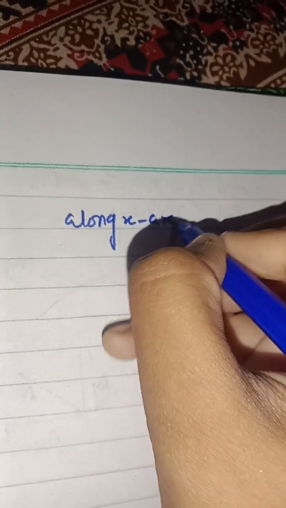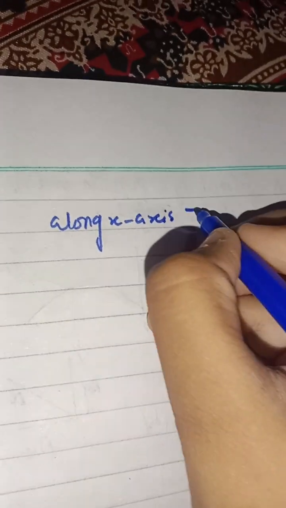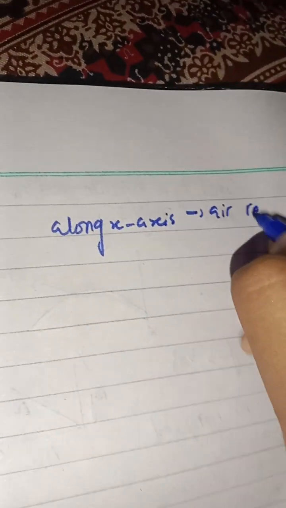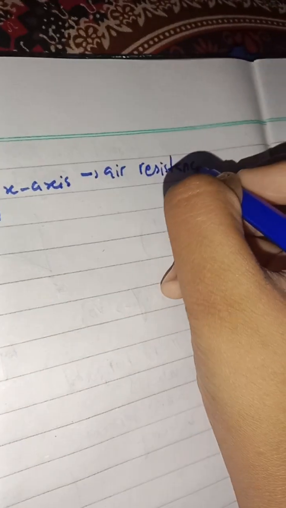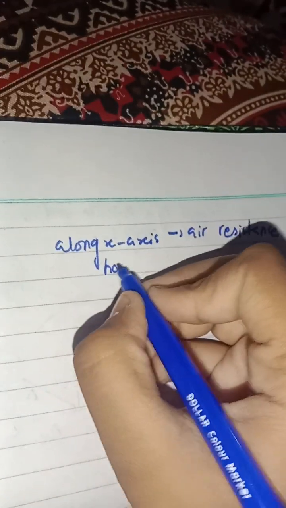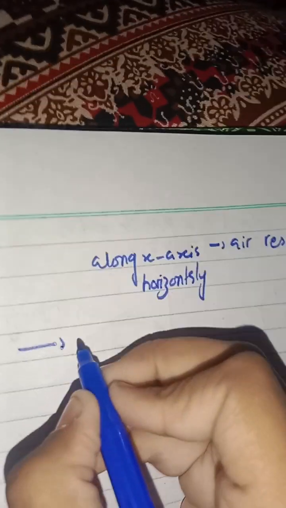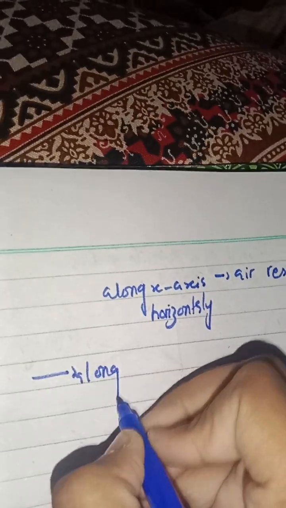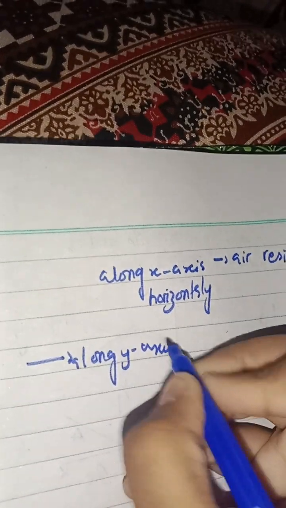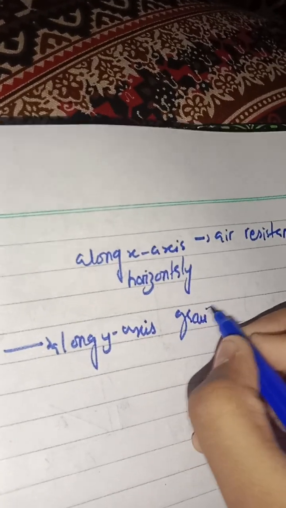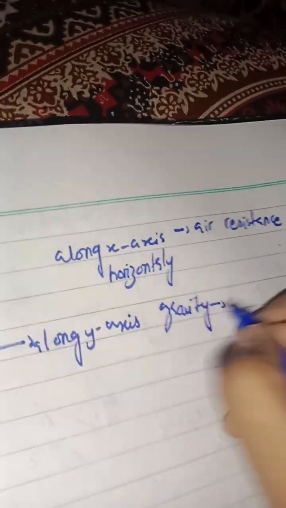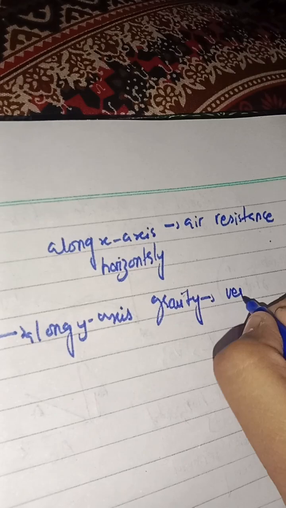Now along the x-axis there is air resistance, which means horizontally. And along the y-axis there is gravity, which is vertical.